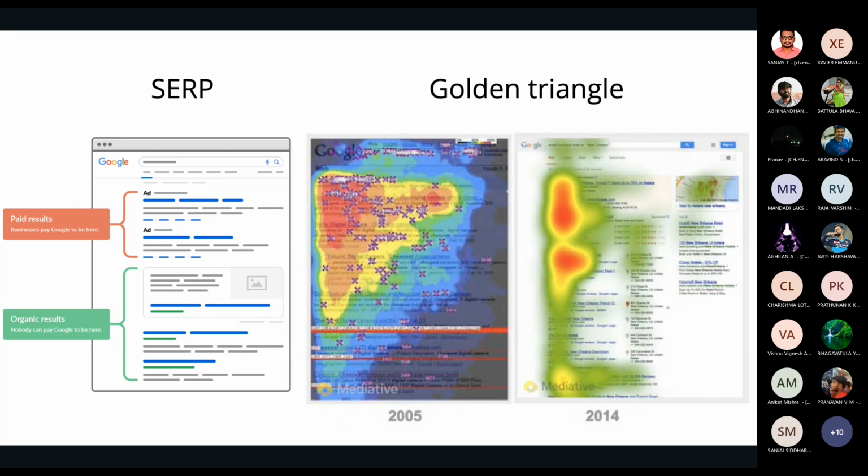And this shift is also the result of changes Google has made to its search engine result pages. In 2005, the most relevant result was almost always in the top left corner of the page, whereas today, because of new elements such as knowledge graph and local listings, it can be more dispersed.